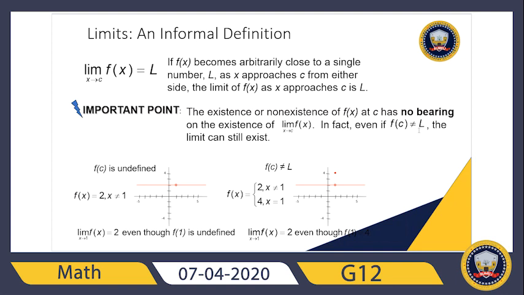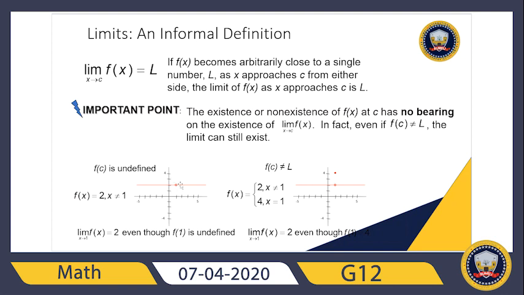Example. Let's take the simplest example, which is f(x) equals 2. This is a line, the red one, y equals 2. But look at this point, which is the open circle.